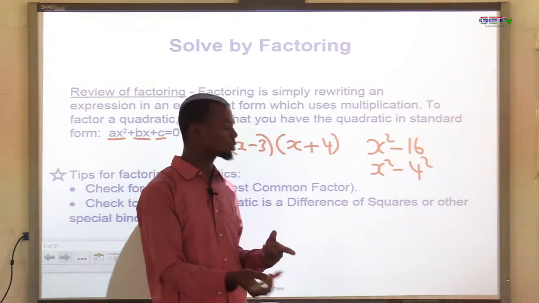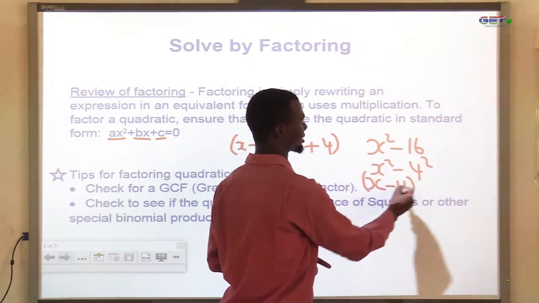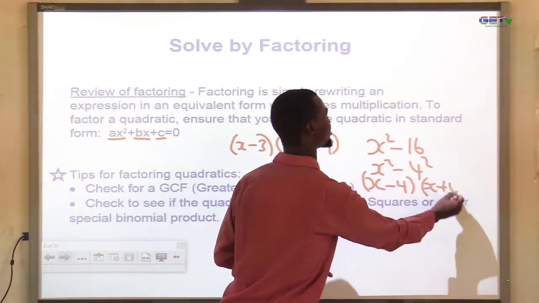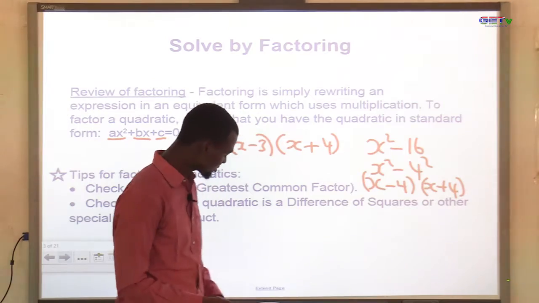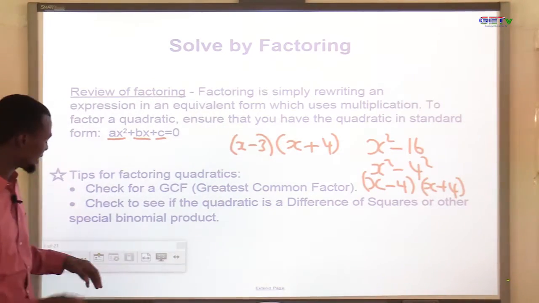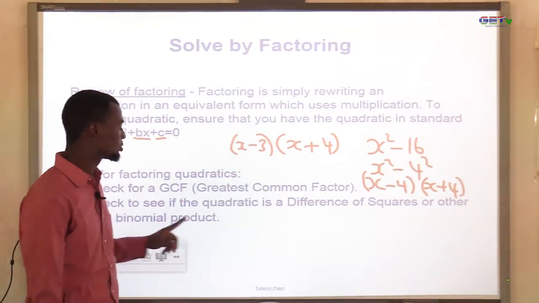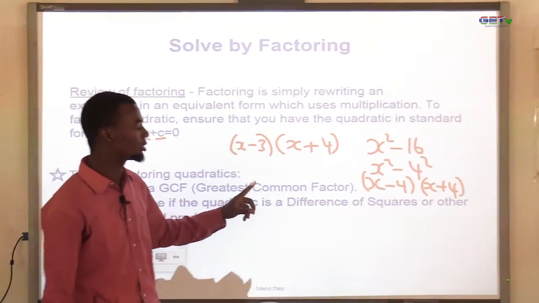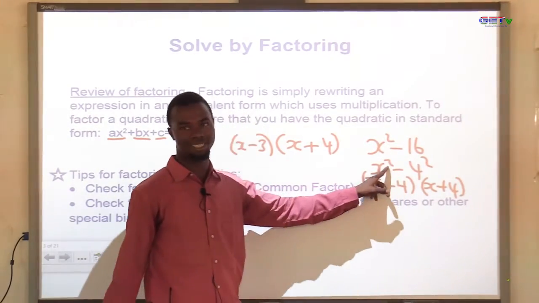So the difference of two squares, you will have it like x minus 4 times x plus 4. It's a product, you can derive it either way. That is why we say special binomial is something of this nature. To check whether it's a difference of squares, you check it is something in this nature.